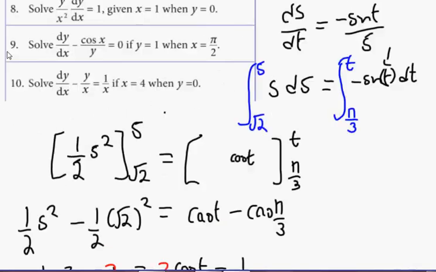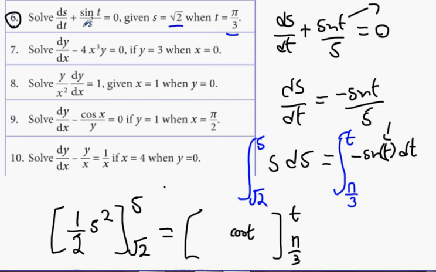Now, something that you're always going to notice, when you're given ds dt, it's always s in terms of t. When you're given dy dx, it's always y in terms of x, not x in terms of y. So do you understand, whichever one is on top is the one that gets on its own. The other ones don't. Okay.